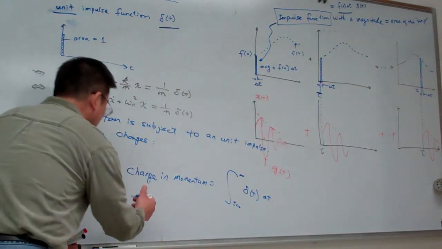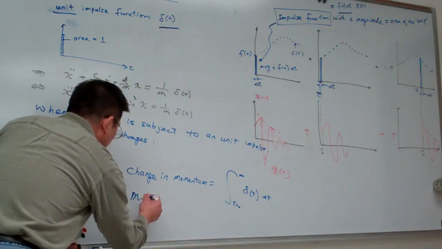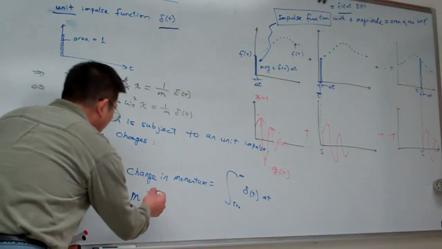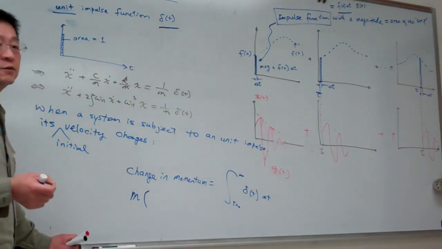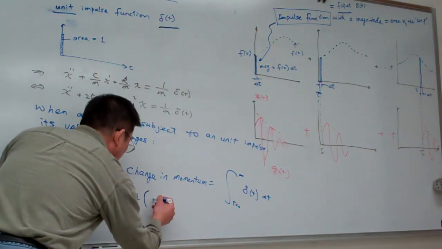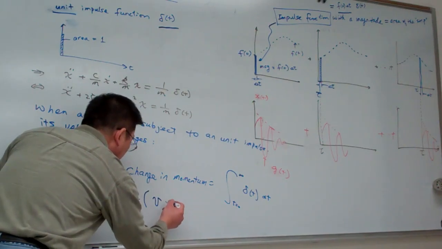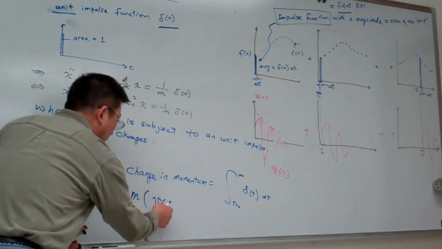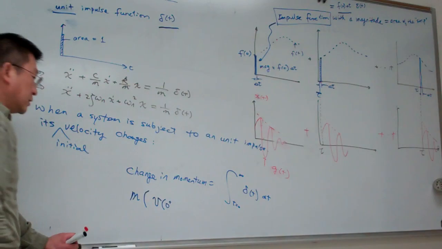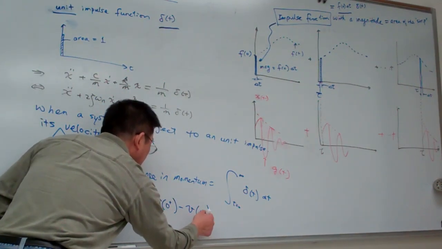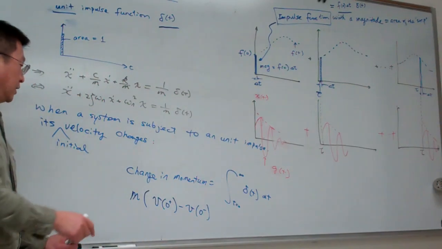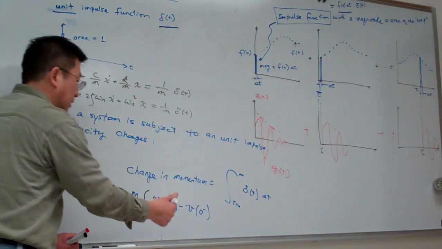So for this case, the mass of the system is m. And because the delta t is applied at no time, basically the change in momentum is m times v at 0 plus, just right after the moment, minus v at 0 minus, that means before the kick. The 0 plus means after the kick. Okay.